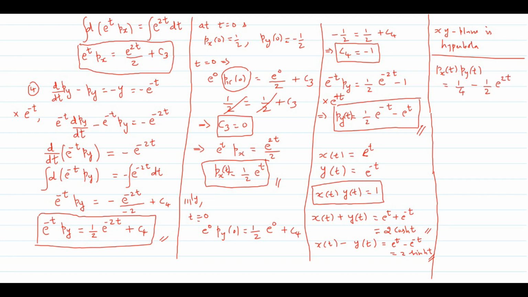Okay, so now we know that cos hyperbolic t can be written as e power t by 2 plus e power minus t by 2. Sin hyperbolic t can be written as e power t by 2 minus e power minus t by 2.